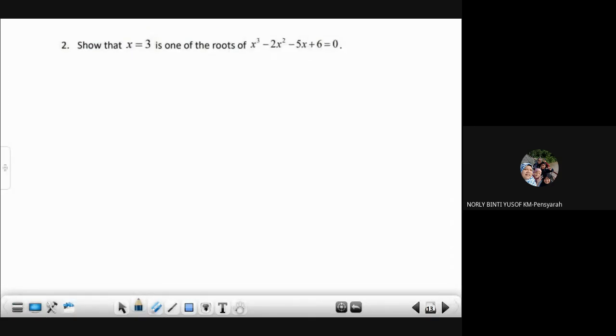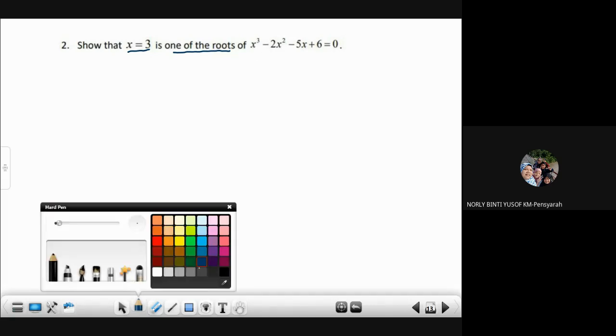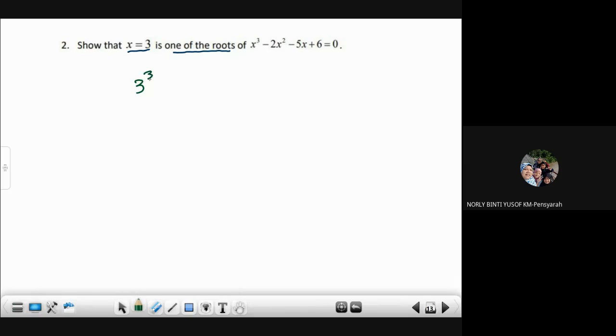Okay, sama juga show that x equals to 3 is one of the root. Tadi zeros of polynomial, sekarang root. Tapi maksudnya sama. Zero of polynomial ataupun roots of the equation cubic ni. So masukkan 3 kuasa 3 tolak 2, 3 kuasa 2 tolak 5, 3 tambah 6.